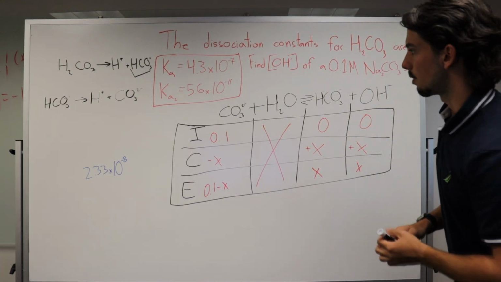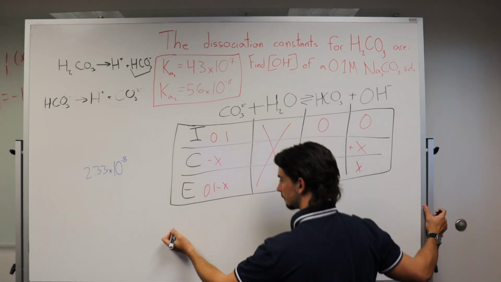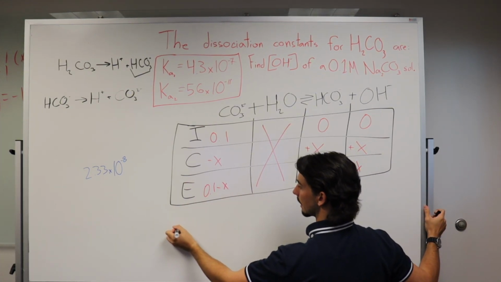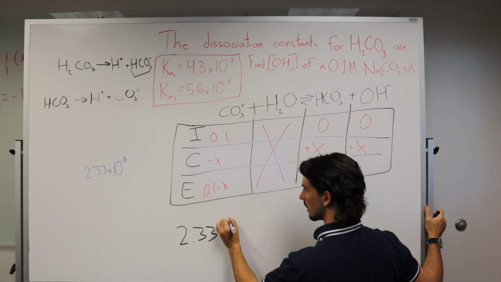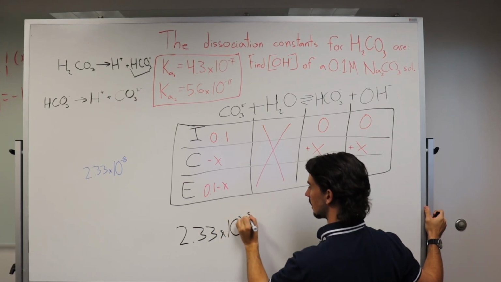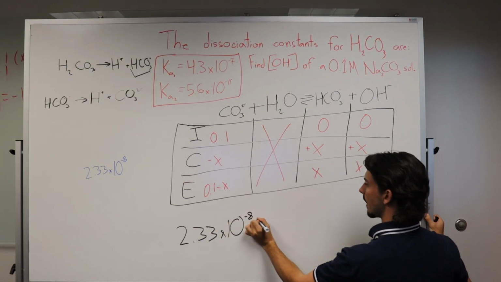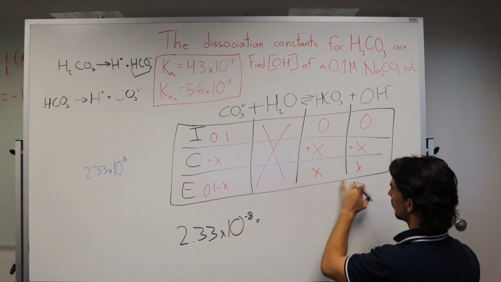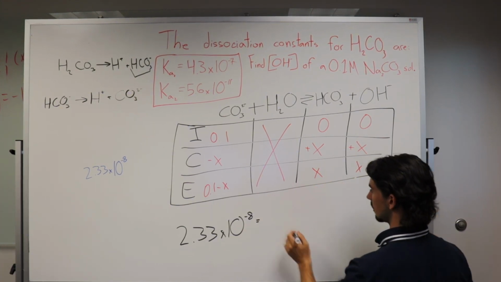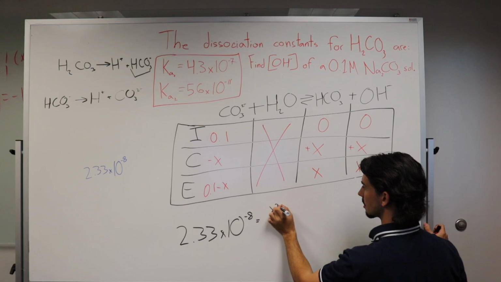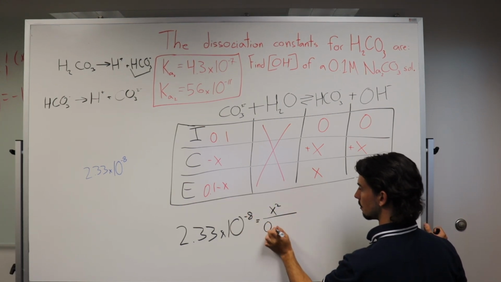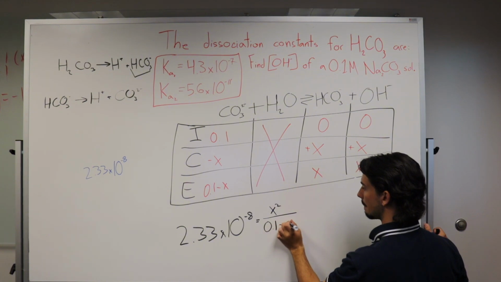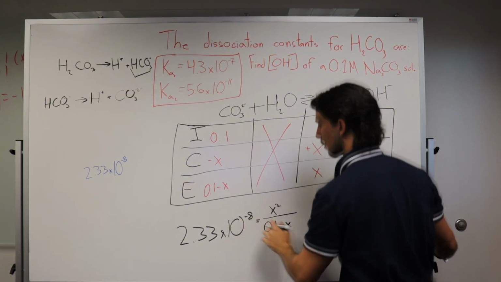And then at equilibrium, if we start with 0.1 and we subtract x. Start with 0 and then we'll just add x. Perfect. Now we can write our Kb formula. If we know that Kb is 2.33 times 10 to the negative 8, that's going to be equal to, when we multiply the products, x squared, divided by our reactants, 0.1 minus x. Perfect.